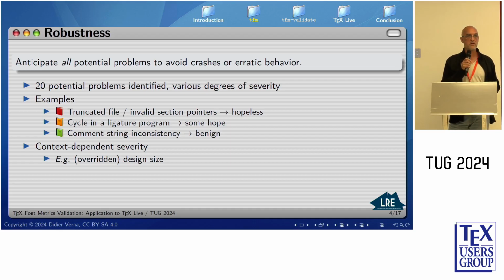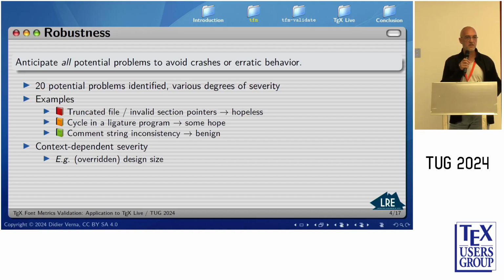But on the other hand, it is possible to override the design size. This is what happens when you load a font and you say font blah blah blah at a precise design size. In that case, you have the possibility to override the design size. So suppose that you've parsed a font with an invalid design size, but you are overriding the design size with a value which is valid.